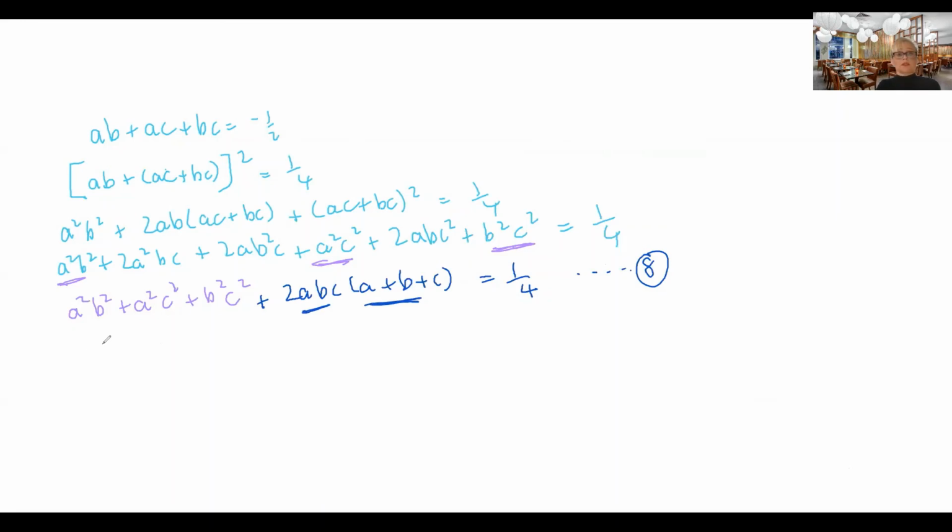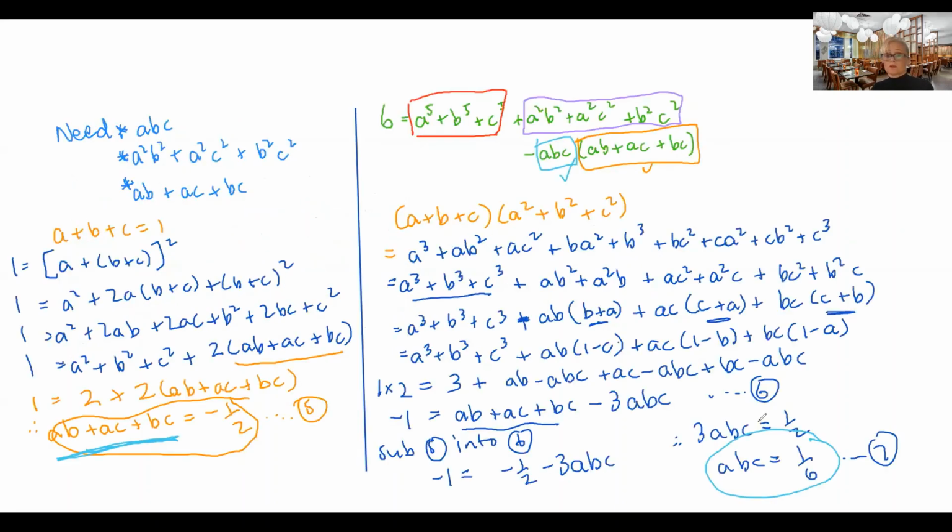So this business here, our A squared B squared plus A squared C squared plus B squared C squared plus, well, what was our ABC? I'm pretty sure our ABC was a 1/6, wasn't it?